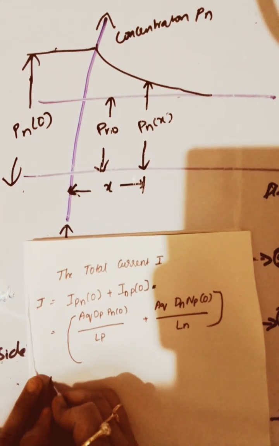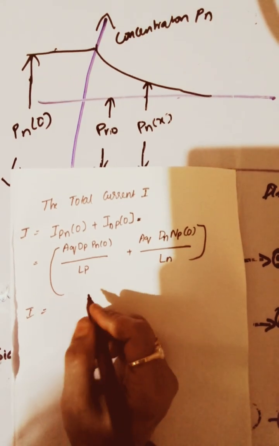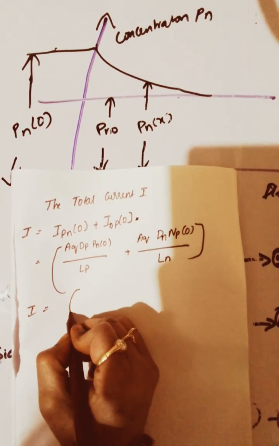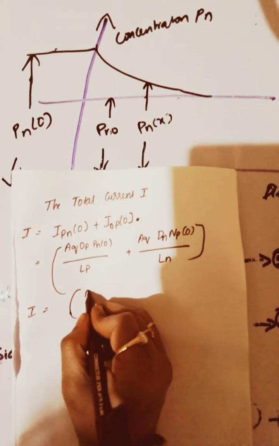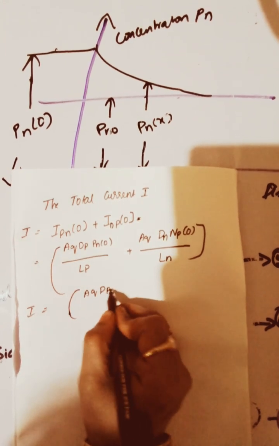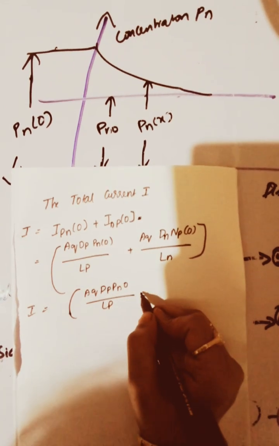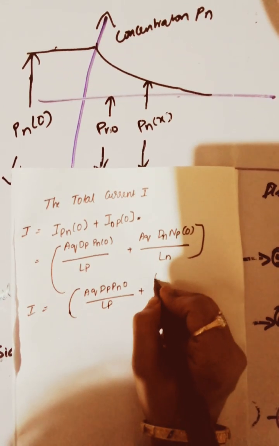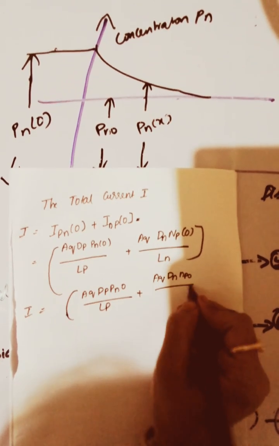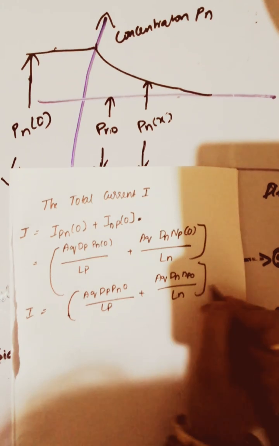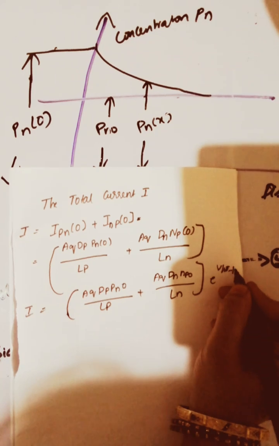Now the total current I is equal to A q D_p P_n naught by L_p plus A q D_n N_p naught by L_n, into e to the power of V by Vt minus 1.